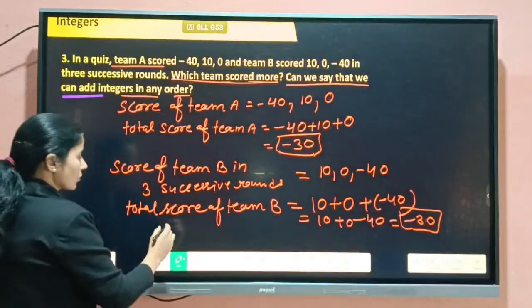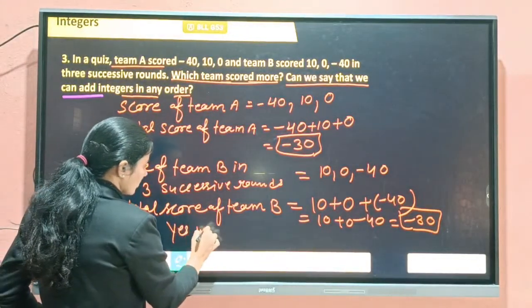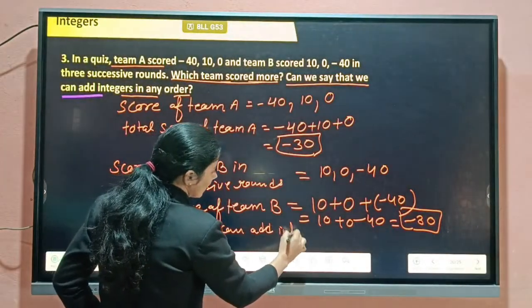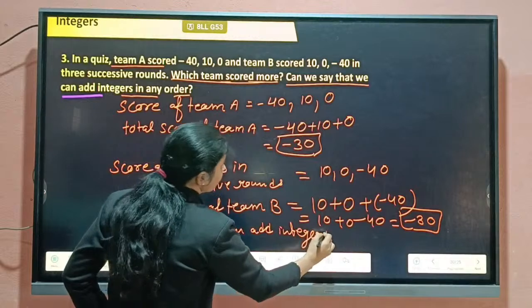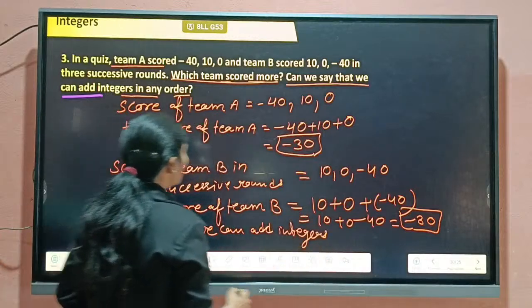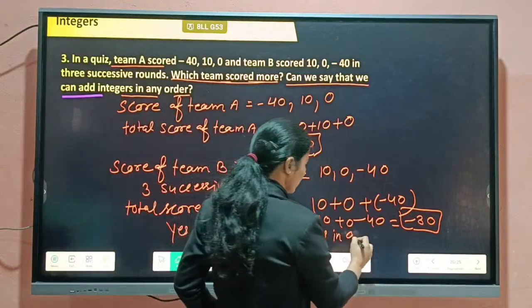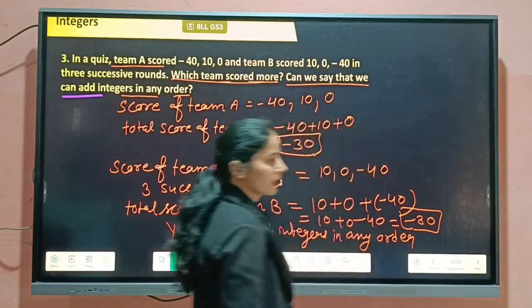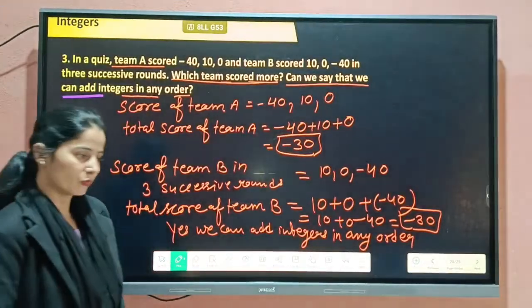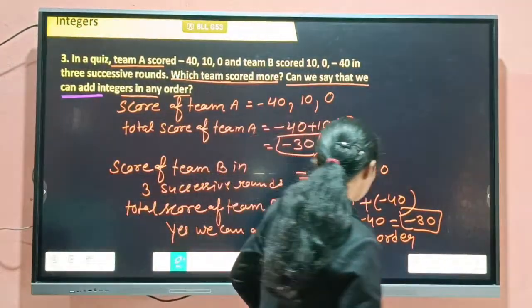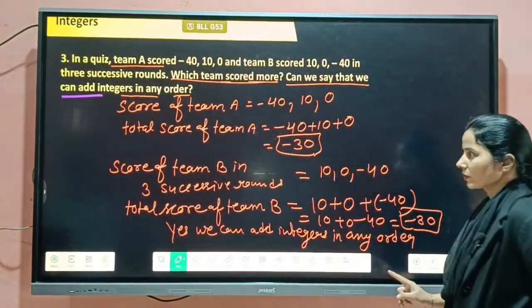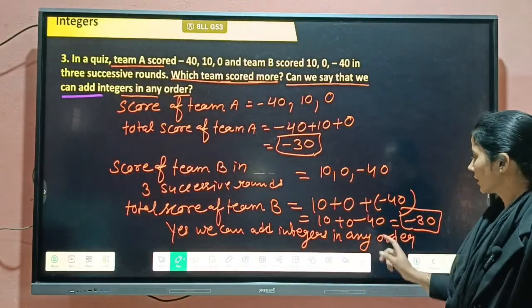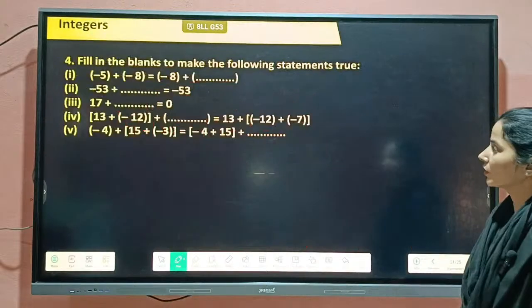So yes, we can add integers in any order. We compared both teams' scores and both teams scored the same. There will be no change in your answer.